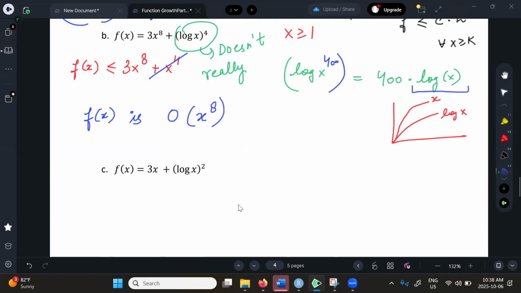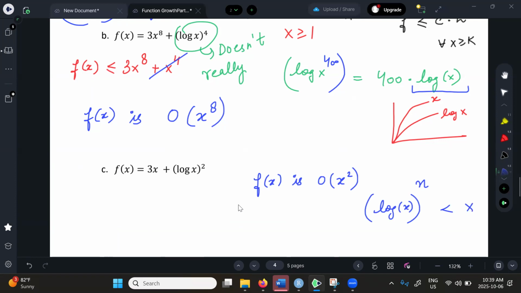Now, you could say f of x is O of x squared. But if you try to draw the graph, you will see that I could also estimate it to be this. Log x, even if it's raised to a big power, is still less than a linear function.